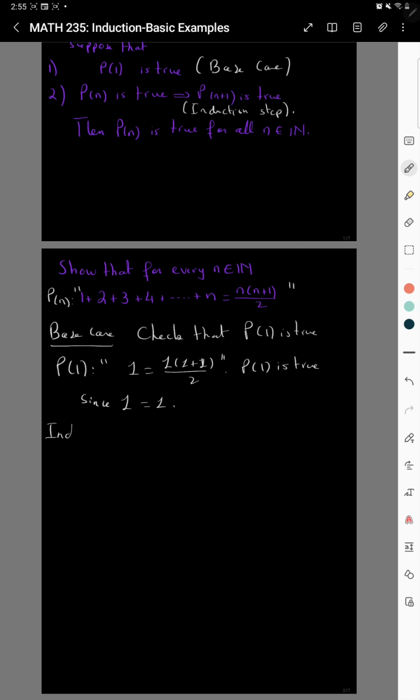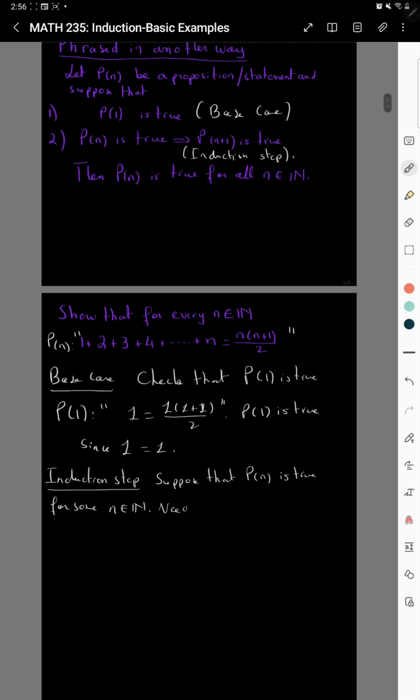Now the induction step. Basically, suppose that P(n) is true for some n. We need to show P(n+1). Now what is P(n+1)? We look at P(n), and wherever we have n, we replace it by n plus 1.